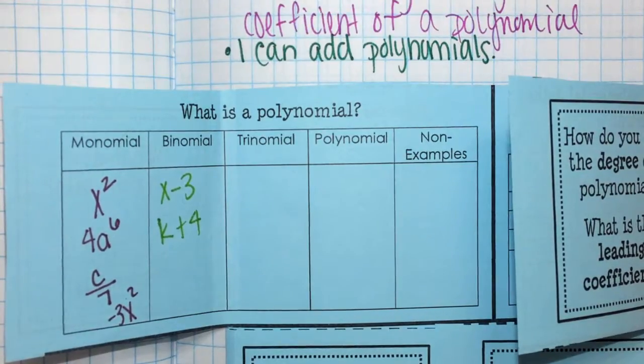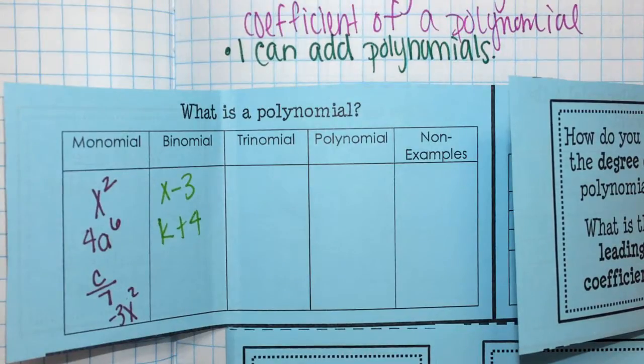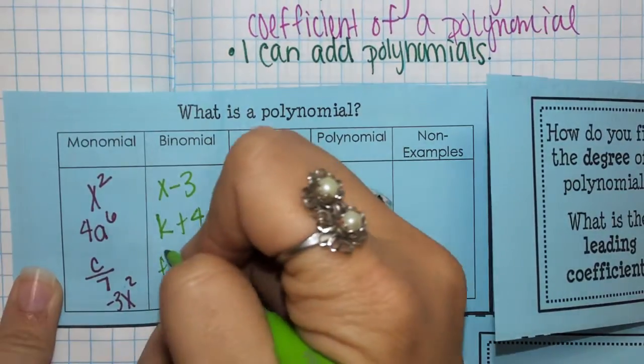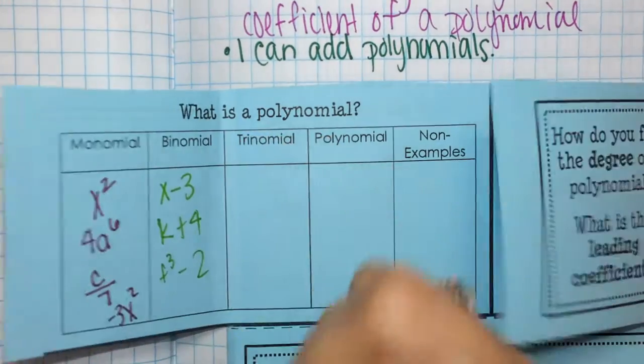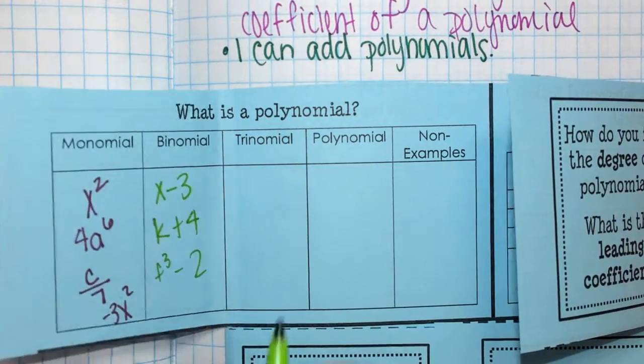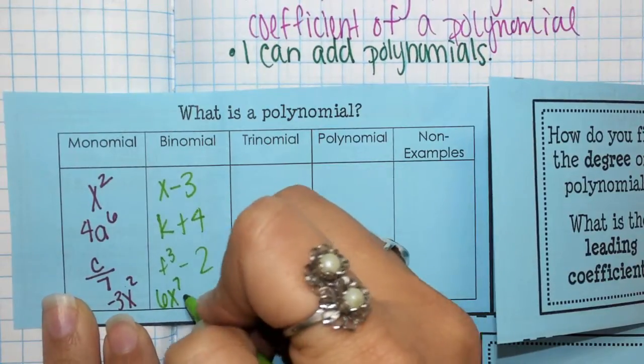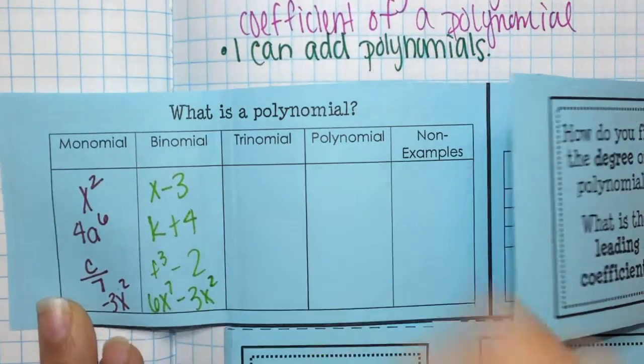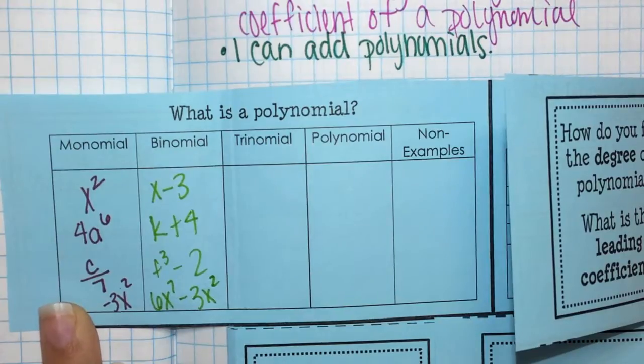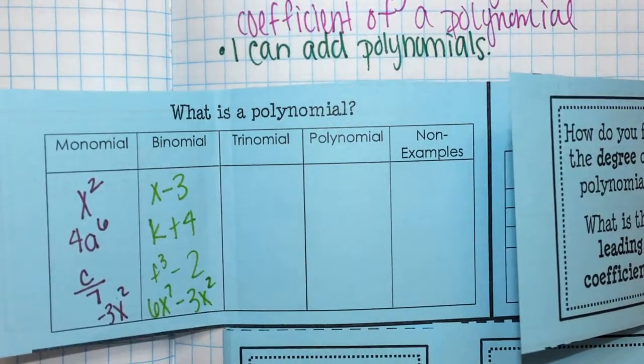It needs to be a variable and a number. Alright, so let's go with f cubed minus 2. Love it. And you could also say like 6x to the 7th minus 3x squared. Those are 2 different terms. Therefore, that is a binomial.